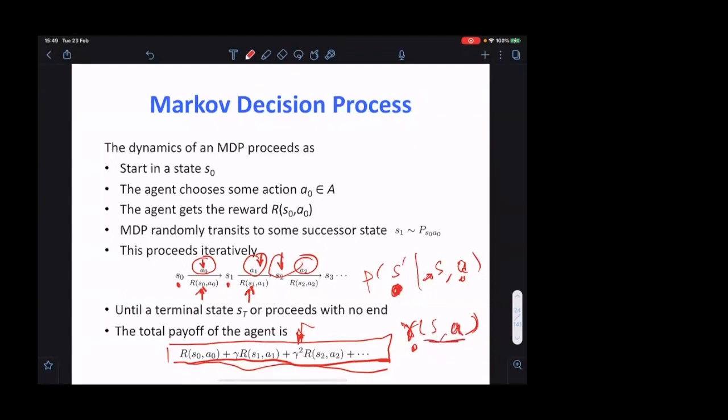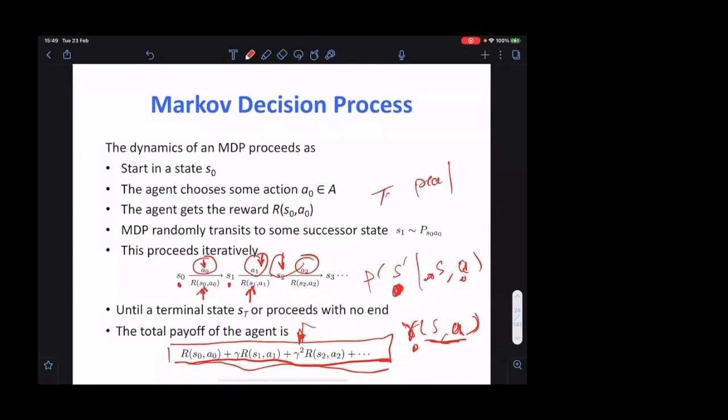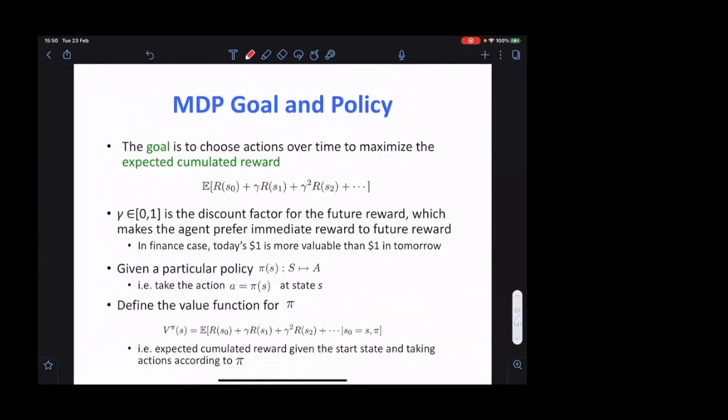Therefore, the policy has influence on where the system transitions to, and therefore also on the cumulative reward. So the goal is to find the optimal pi that maximizes the cumulative reward.